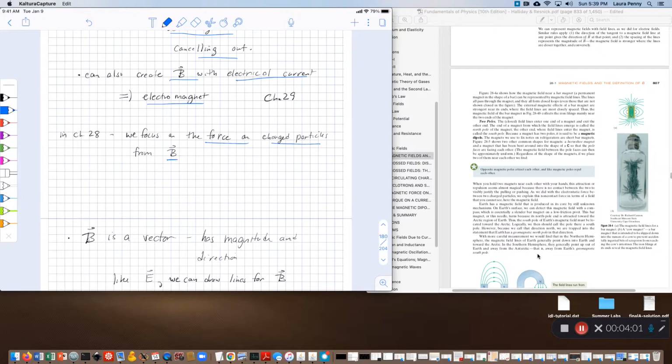And it manifests itself as either an electric field or a magnetic field, depending upon the frame of reference that you're in, which is far more than you probably need to know in Physics 112. But it is a natural force, and we see it as both electric fields and magnetic fields.